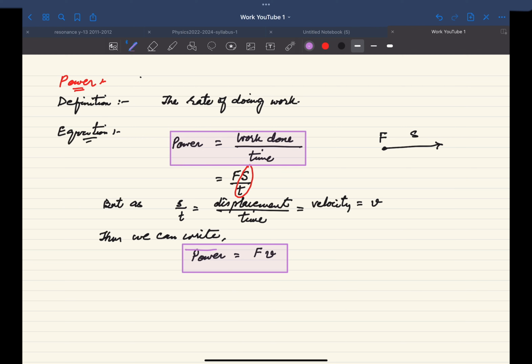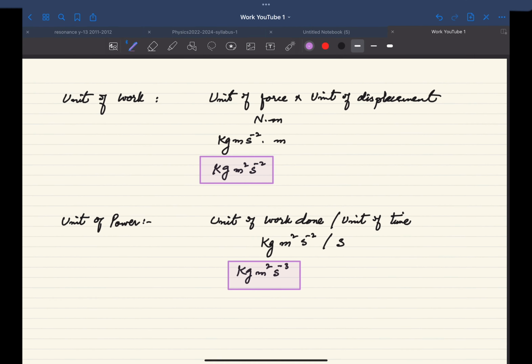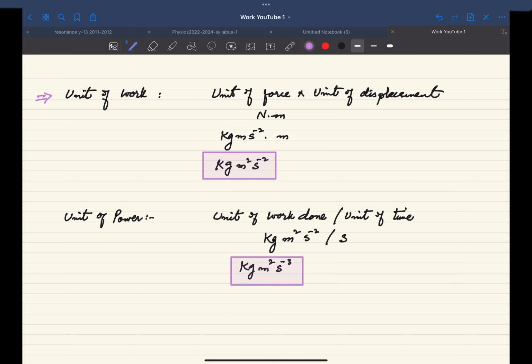Now, as far as the unit is concerned, we have the unit of power and the unit of work. The unit of work is nothing but the unit of force multiplied by the unit of displacement. The unit of force is Newton, and the unit of displacement is meter.